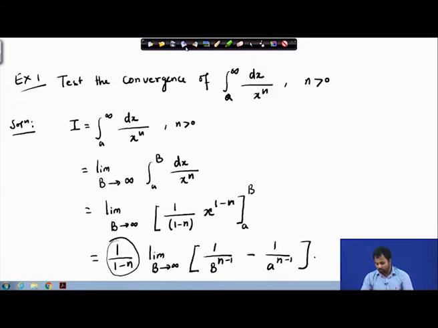The second observation is, let us go back to the previous slide. If b goes to infinity and if n is less than 1, then this will become b to the power of something negative in the numerator, and then it will become b to the power of something positive, and since b goes to infinity, this whole thing will go to infinity. So n cannot be less than 1, because then this whole thing will go to infinity.